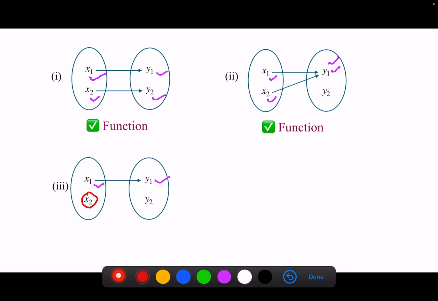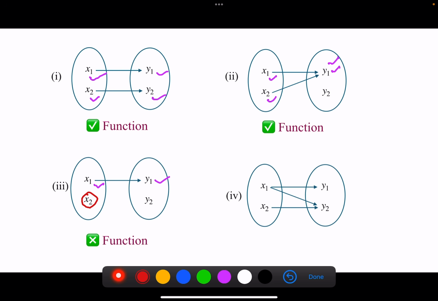In the fourth diagram, domain element x1 has image y1. Domain element x1 also has another image y2. So element x1 has two images, y1 and y2. That breaks the uniqueness condition, so this is not a function.